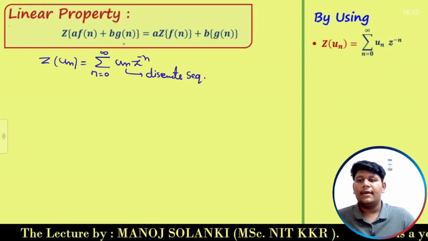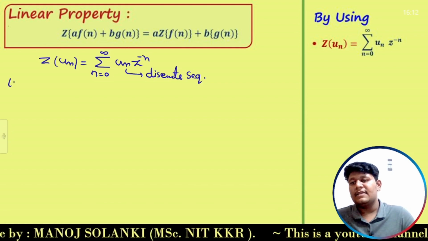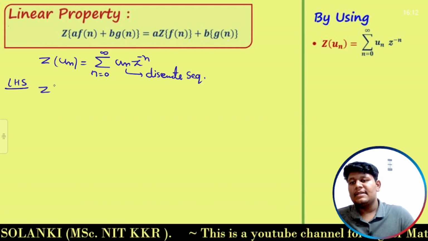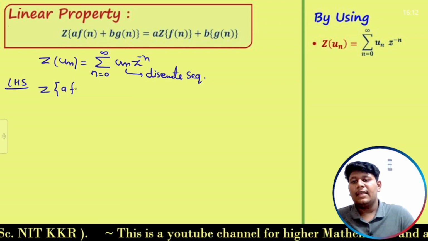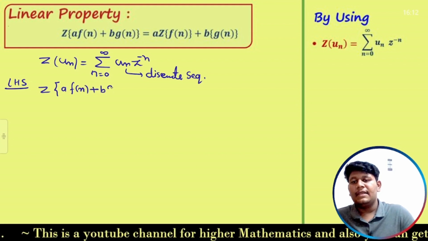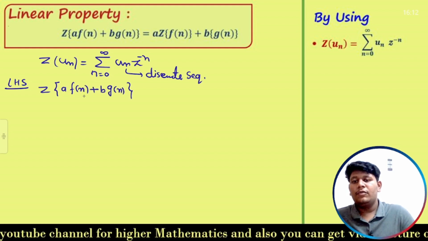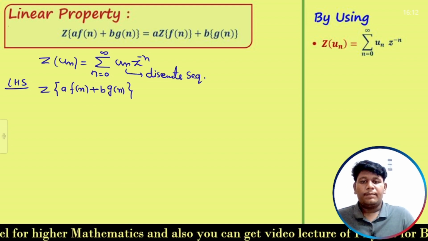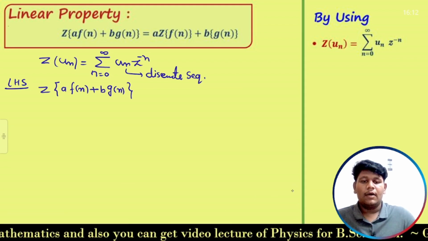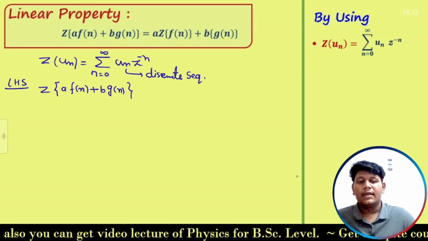Let me start from the left hand side. The left hand side is the z transform of a f(n) plus b g(n). We have two discrete sequences. How can we proceed forward?